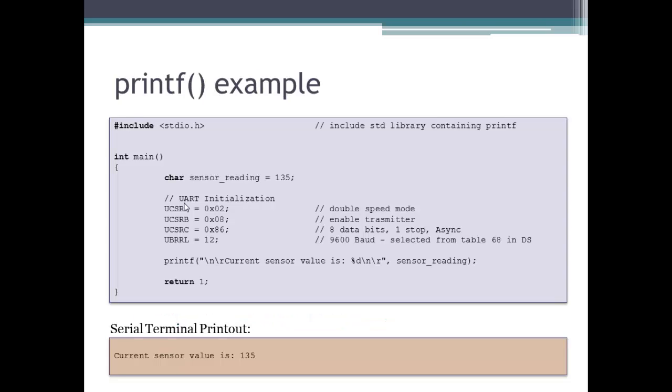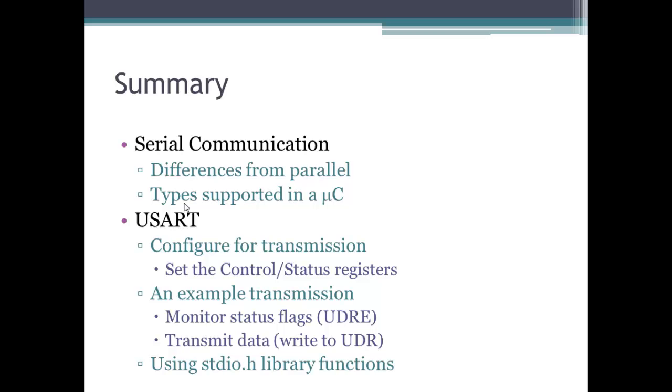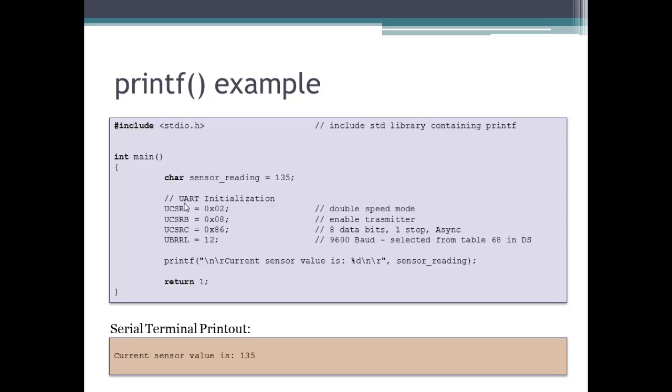So an example of that would be shown here, where you can see we've included the standard I/O library, we've set up main, I've got a char variable called sensor reading that I've set equal to 135. And after the initialization is done, which contains the same code we use to initialize the transmitter, we're using the printf function to transmit a string that says the current sensor value is, and you see a %d sign and a couple of \n and \r to clean up the terminal viewing.